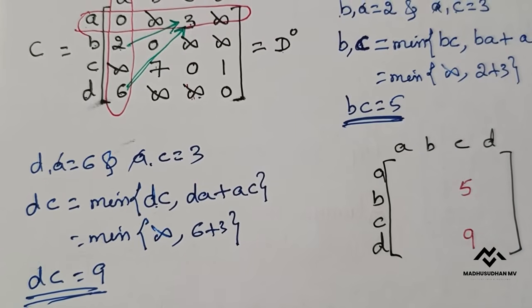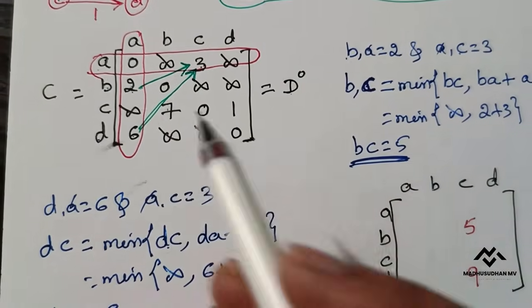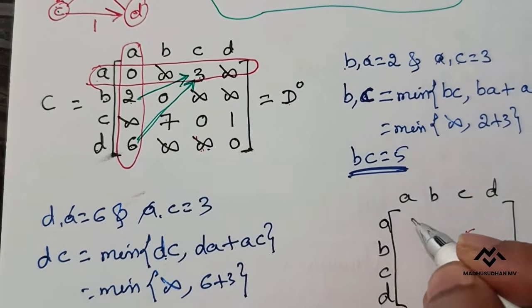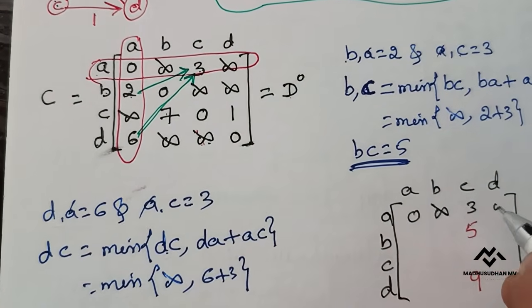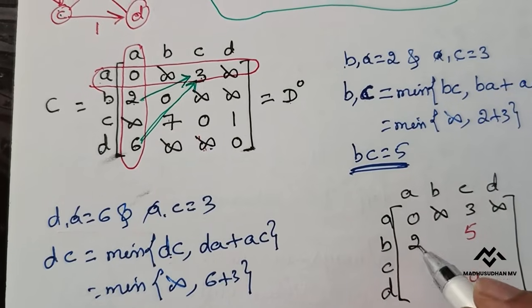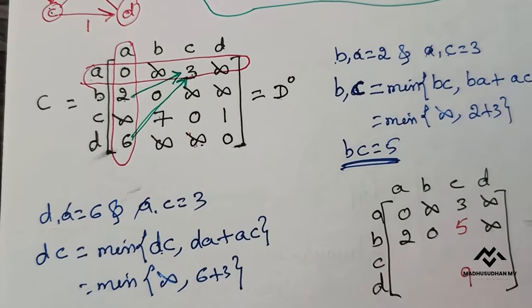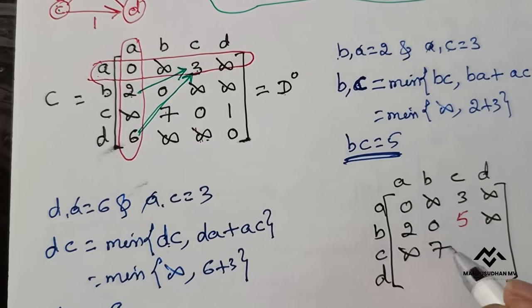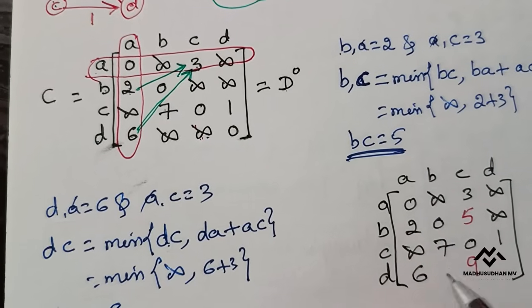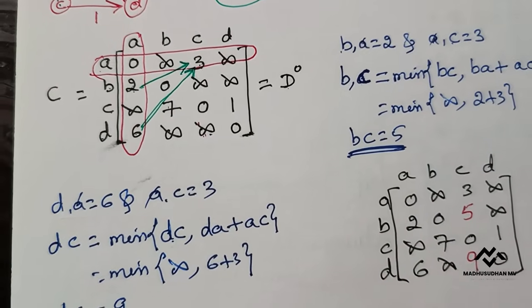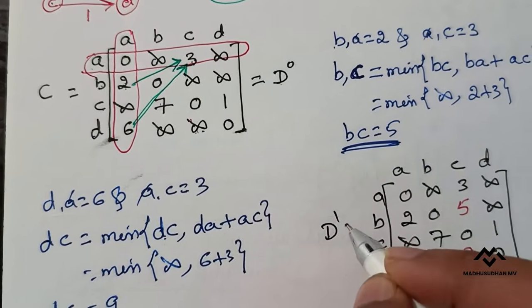Now the remaining values I am writing as they are, copying from the previous one. That is 0, infinity, 3, infinity, 2, 0, infinity. Then infinity, 7, 0, 1. This is 6, infinity, 0. Now this is my D to the power of 1.